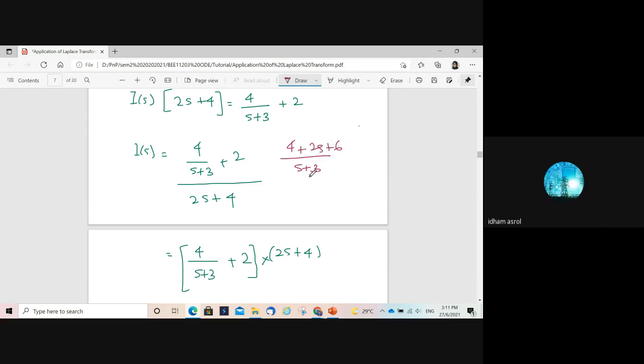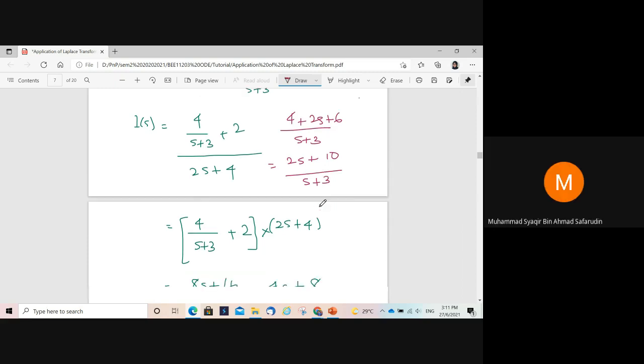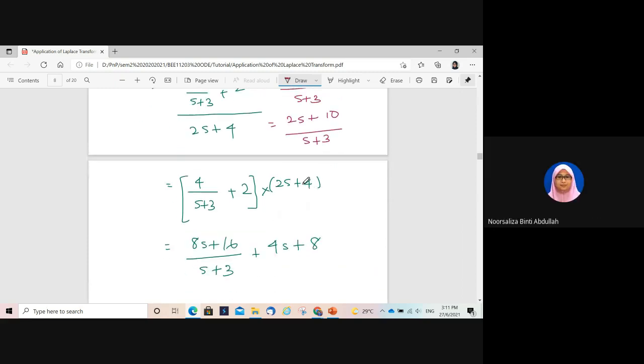Ya. Lepas tu dapat 2S tambah 10 over S tambah 3. Okey, lepas tu darabkan dengan yang ni. Betul?